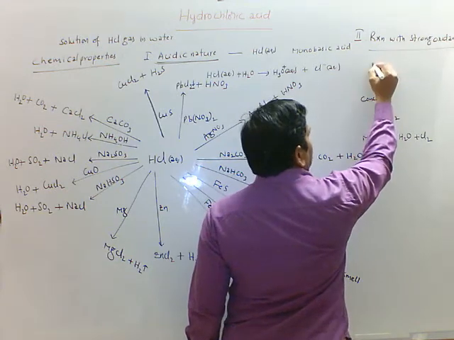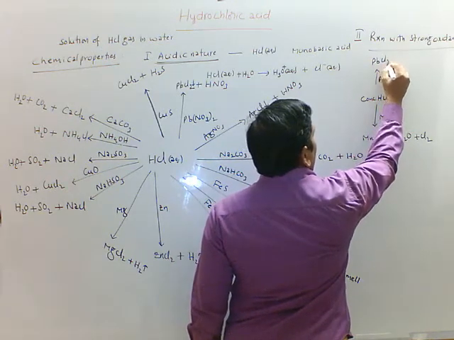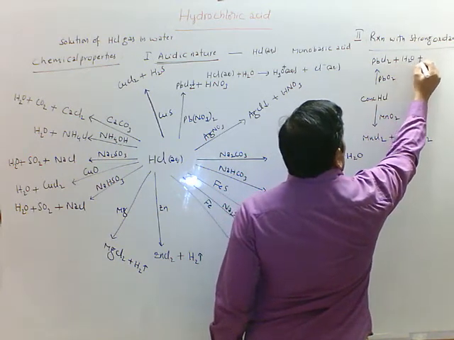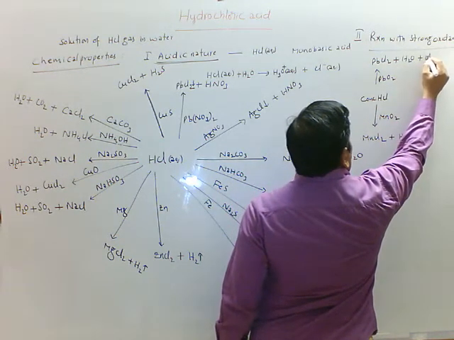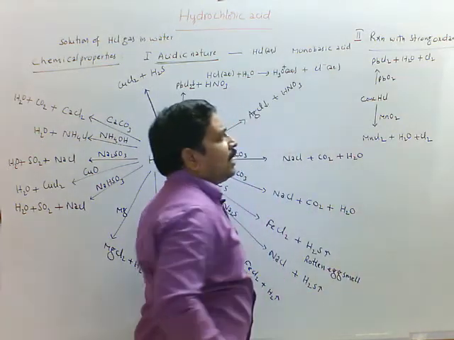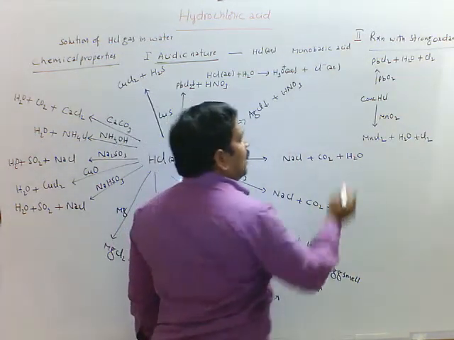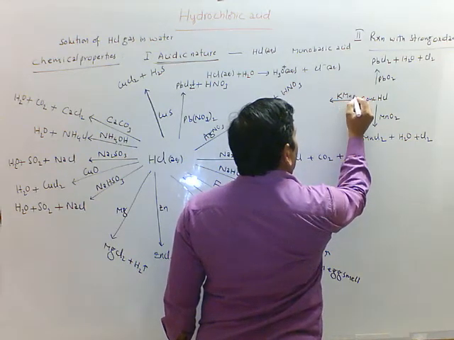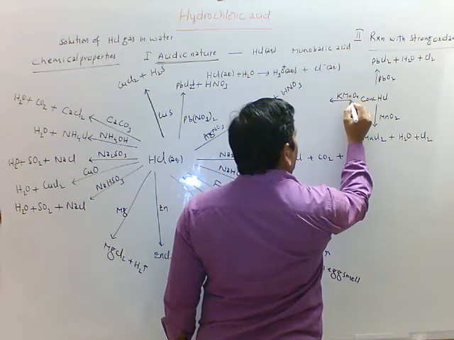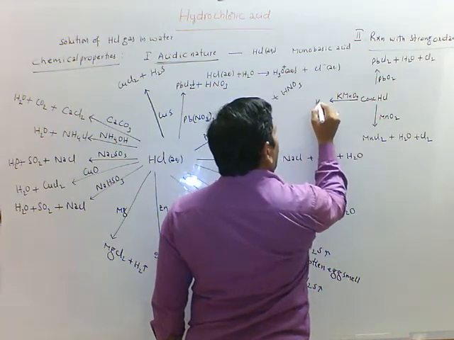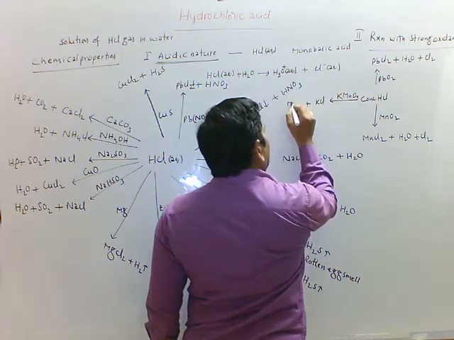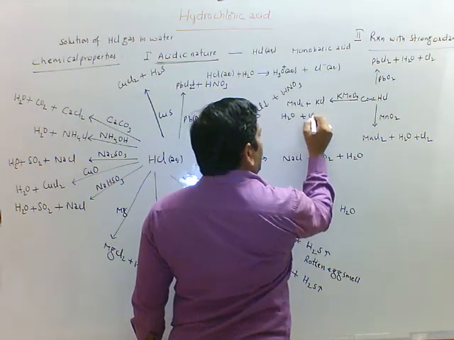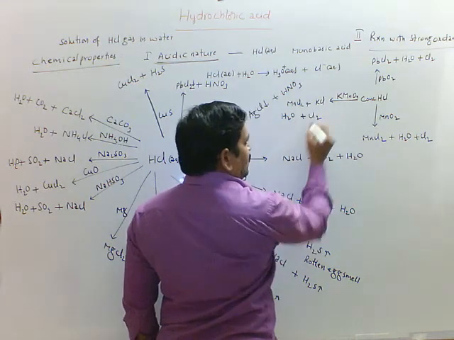We get PbCl2 plus H2O plus chlorine. It is a greenish yellow colored gas evolved, and also reaction with potassium permanganate, KMnO4. We get KCl, MnCl2, water, and greenish yellow colored gas chlorine.